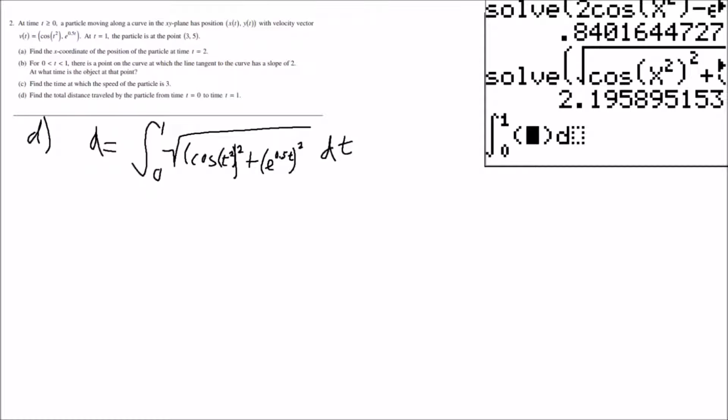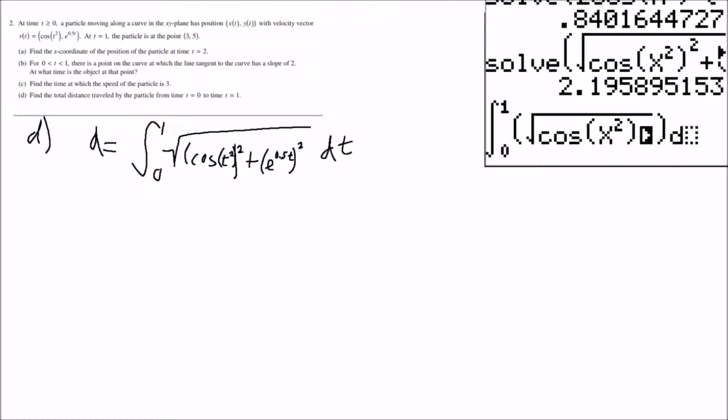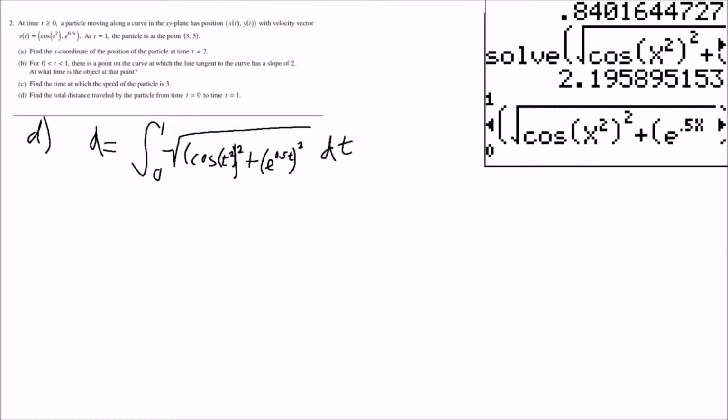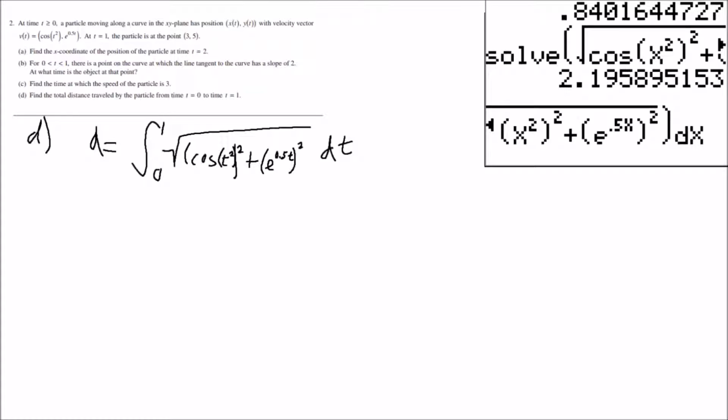Square root of cosine of x squared plus e to the 0.5 x squared dx. Right, so it's literally just the same thing.